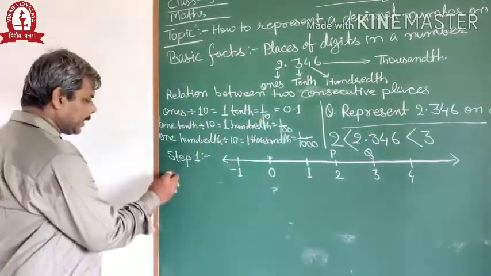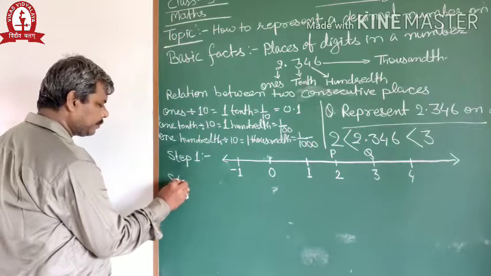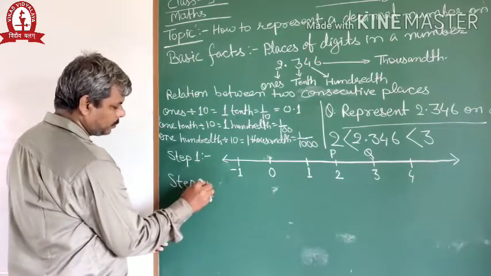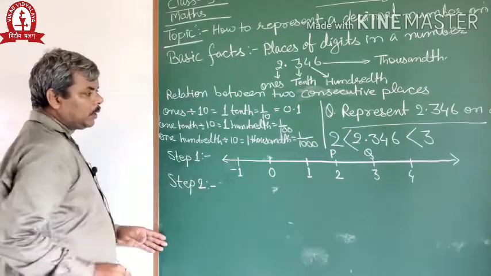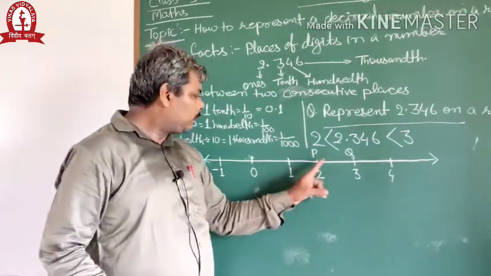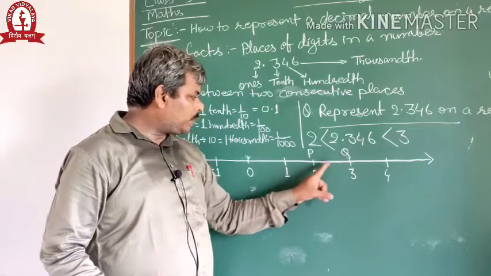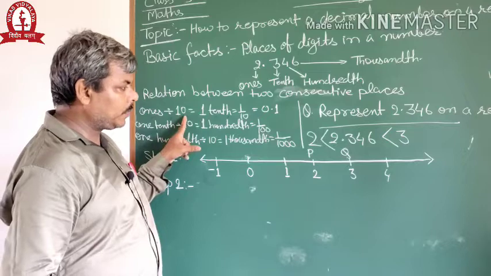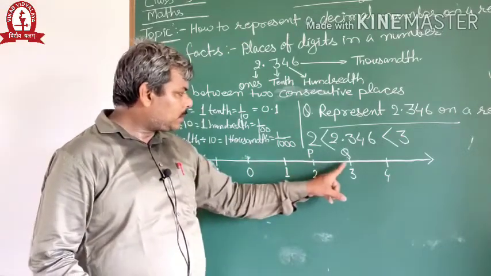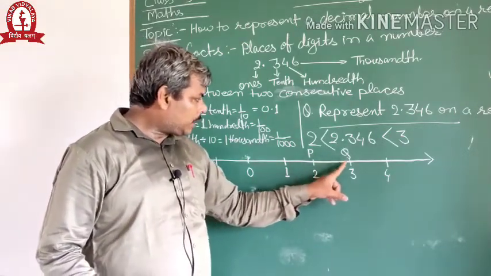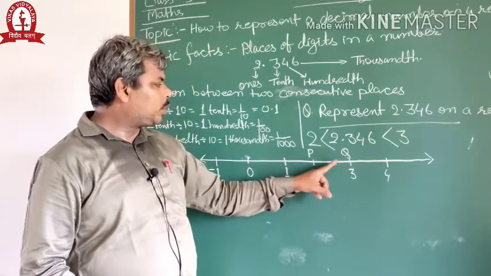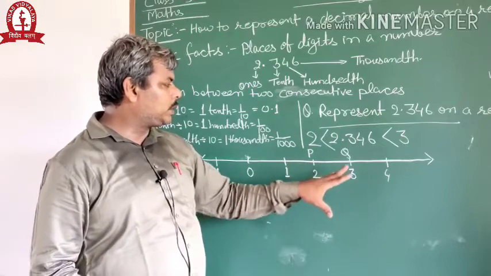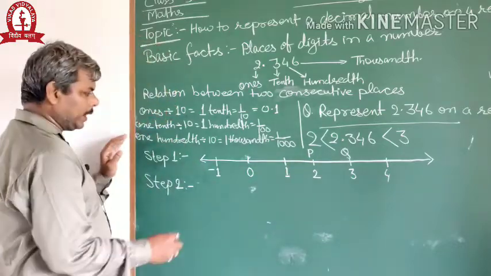So in second step, we divide the distance of one unit between 2 and 3 into 10 parts. Okay, this is a smaller length, so we magnify it and we represent 2 and 3 on a large scale.